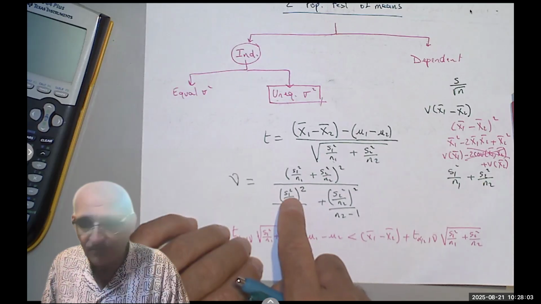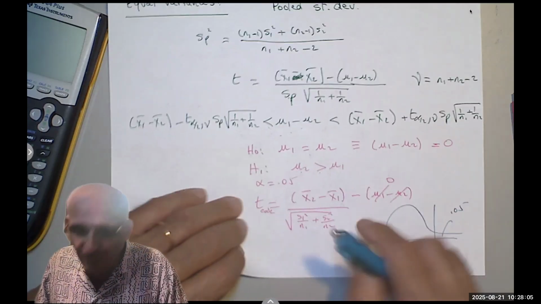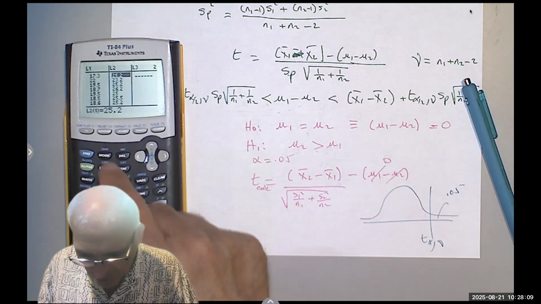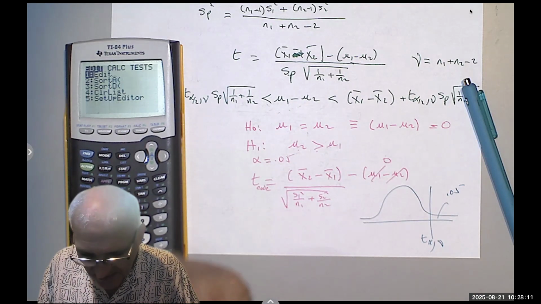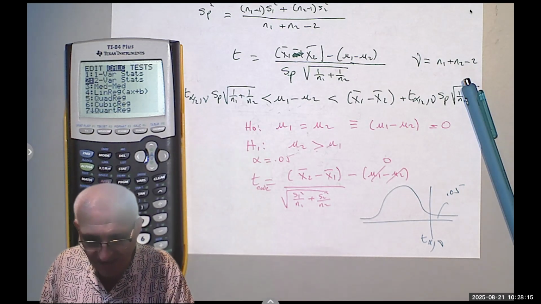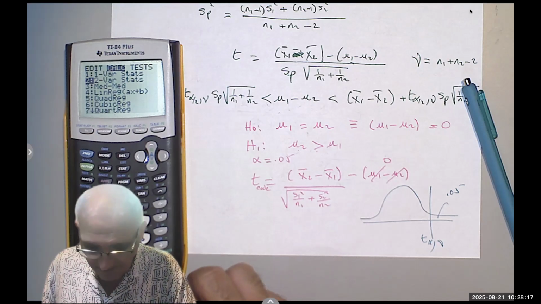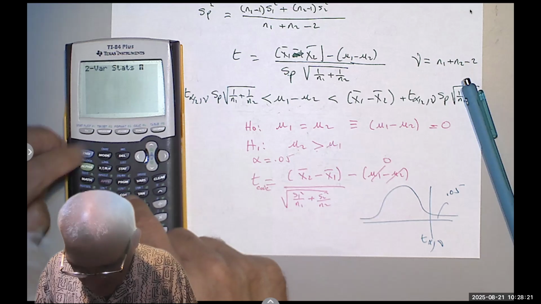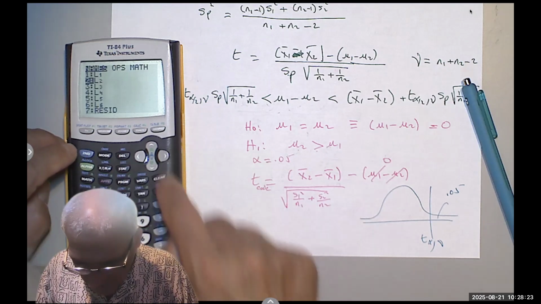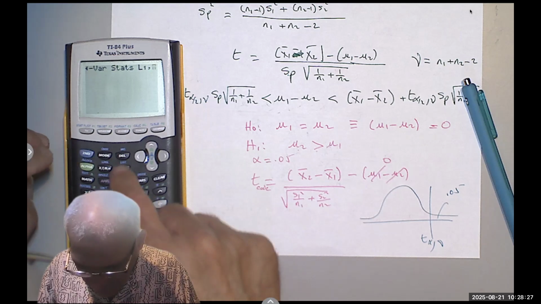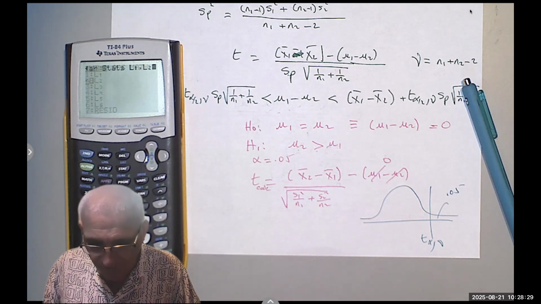The degrees of freedom are very tough to calculate. Well, if I want to do it manually, which I wouldn't, I can go to stat and calculate two variance statistics. Okay? I will enter the first one in list one, comma, the second one in list L2.